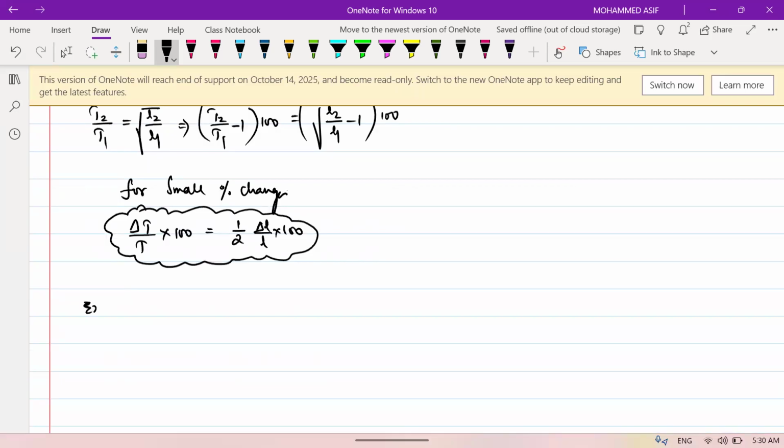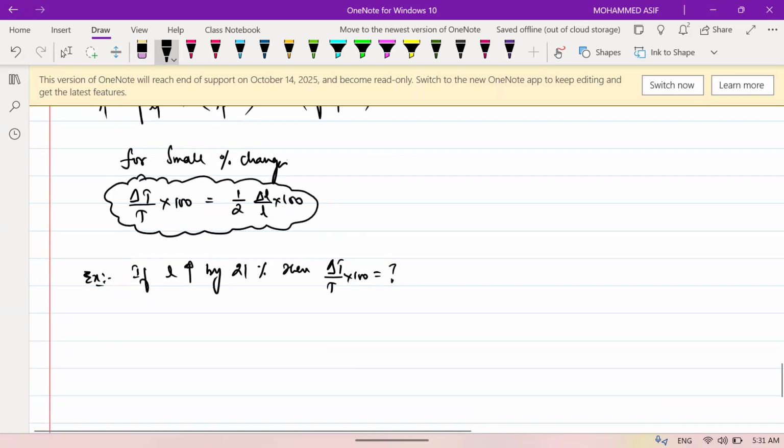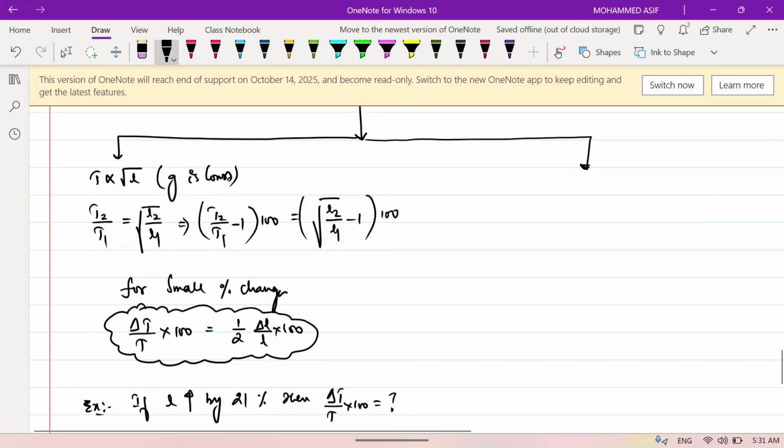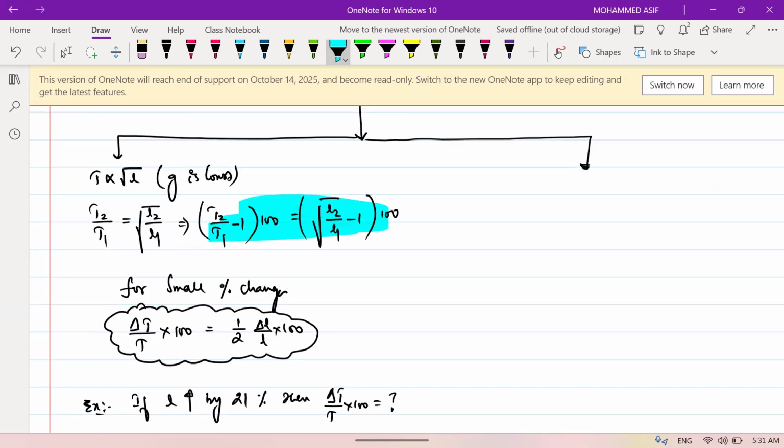For example, if the length is increased by 21%, then delta T divided by T into 100 is equal to how much? Now see here, the percentage is greater than 10, so don't use the formula of delta T by T into 100. Use T2 divided by T1. If it is greater than 10%, you use this formula to simplify the problems. Okay?